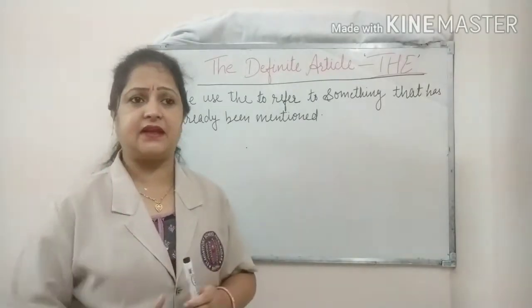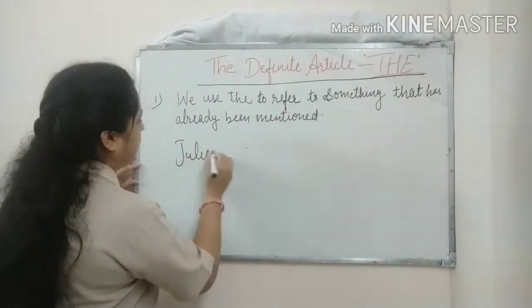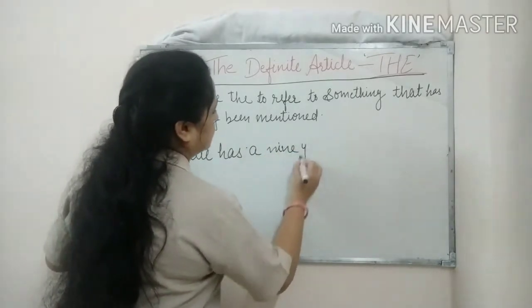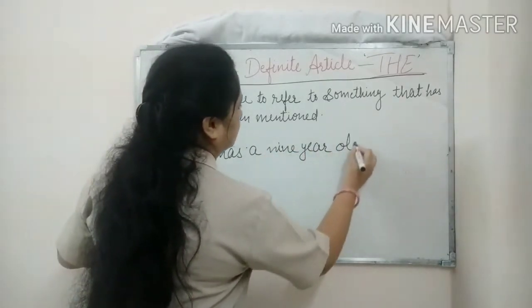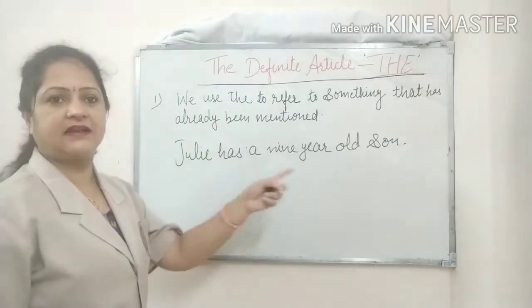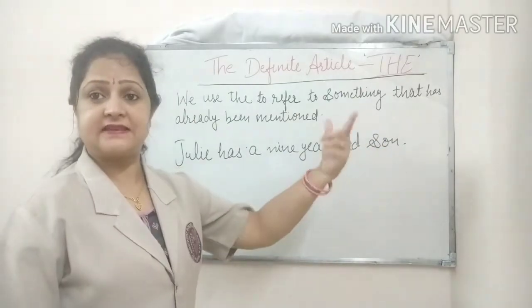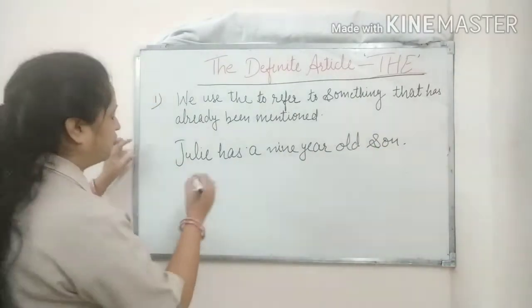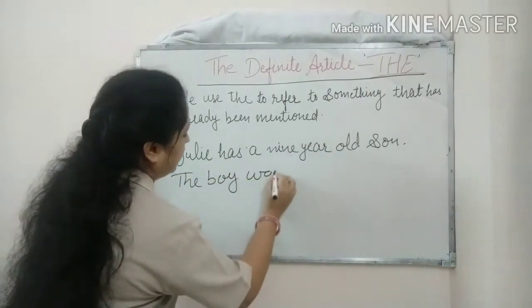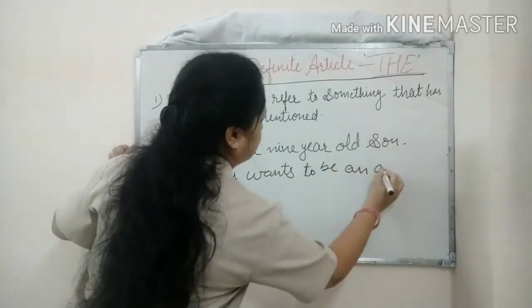Let us take one example here. I am writing here, Julie has a 9-year-old son. The second sentence is, the boy wants to be an astronaut.